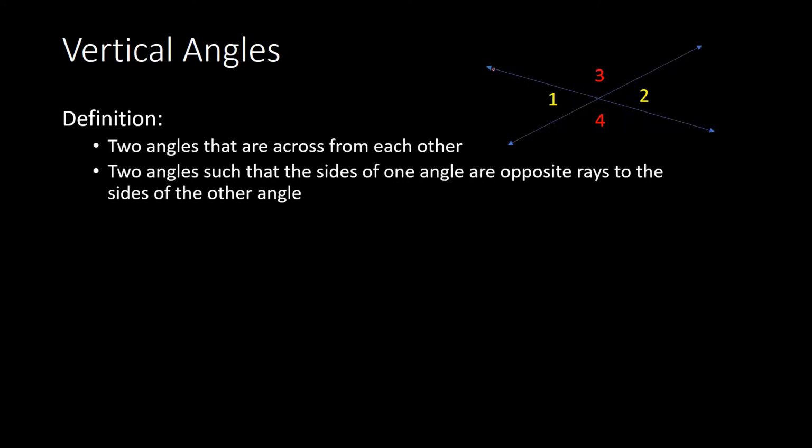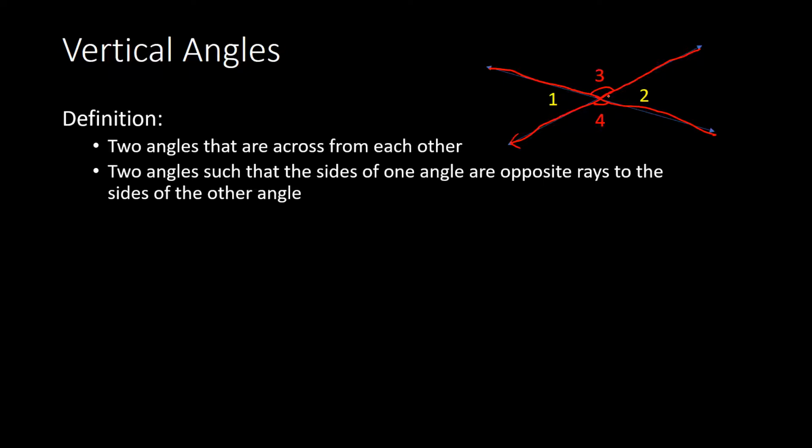So for example, if you look at angle 3, right here, if you were to extend both of those segments, or those rays, extend this one this way, and then extend this one this way, notice that we have opposite rays. These opposite rays form this other angle which would be the vertical angle.